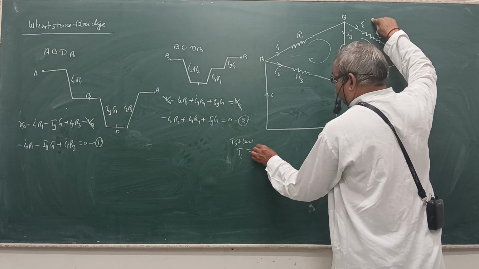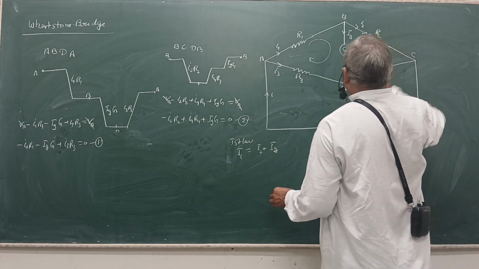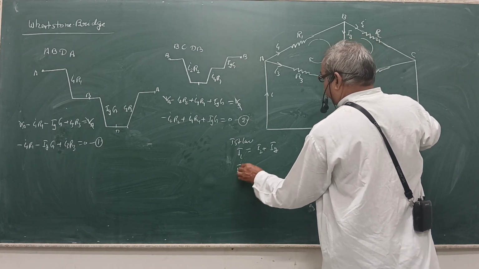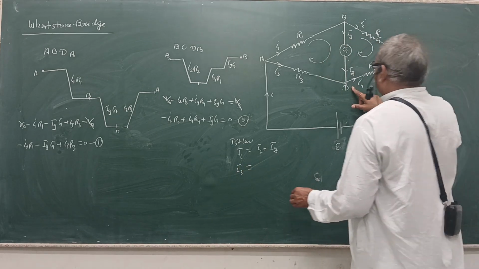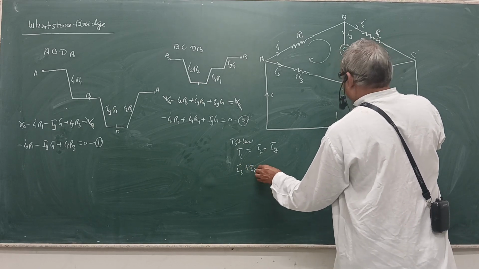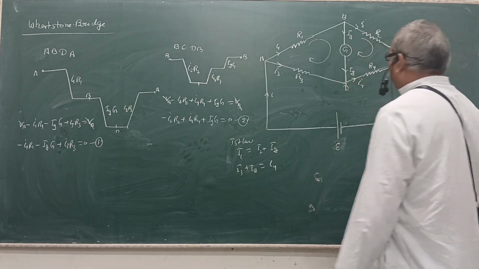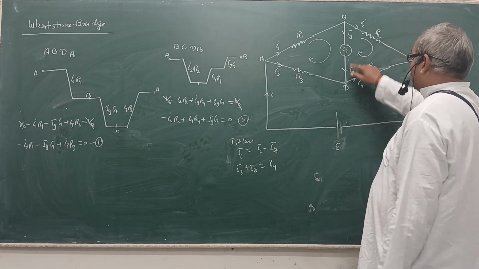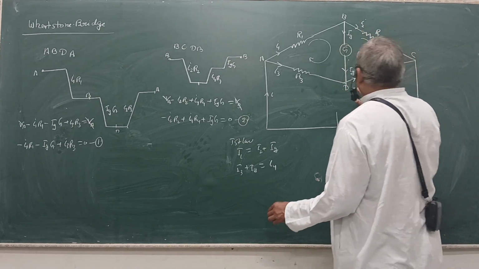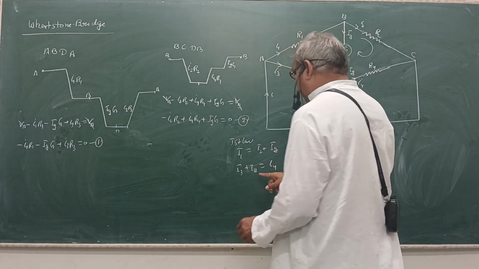I1 is equal to I2 plus IG, and this is the junction D. The input current I3 plus IG is equal to I4. This is the junction property of I3.